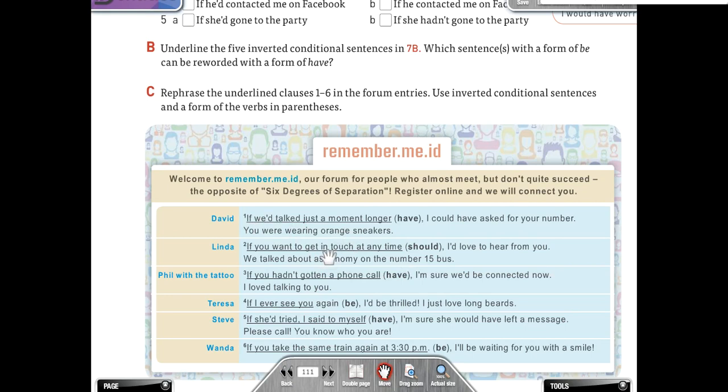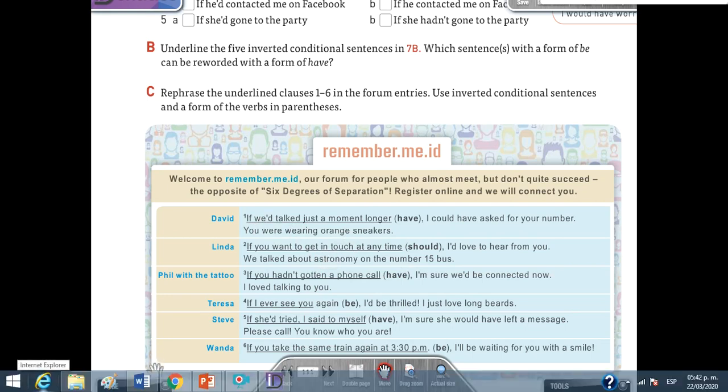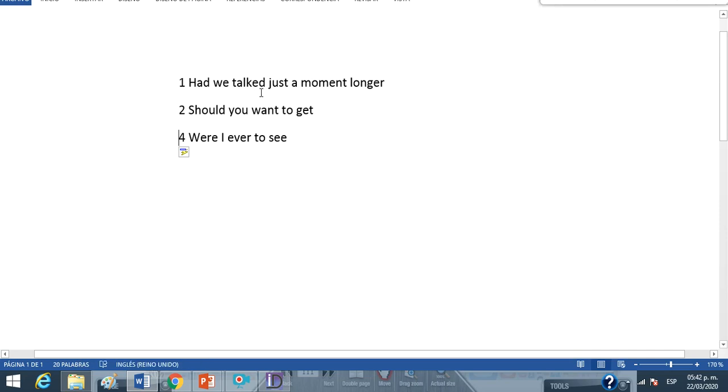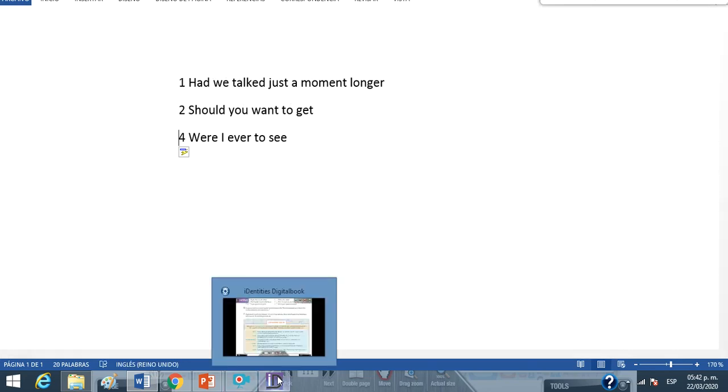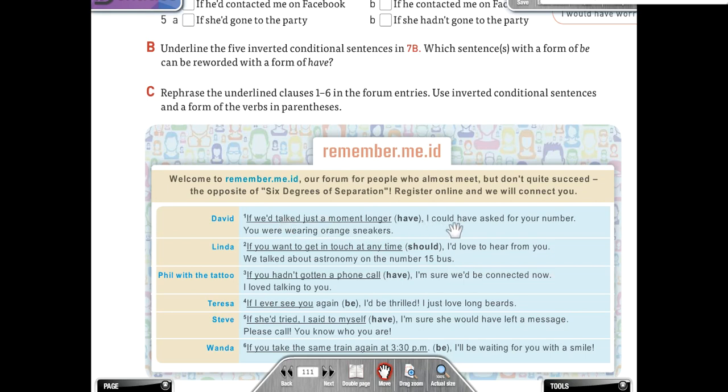One more time. Had we. Just like a kind of interrogative form, but it's not interrogative, yes? Why is it not? Because we continue reading and we can observe that it is a conditional. Yes, I could have asked for your number.